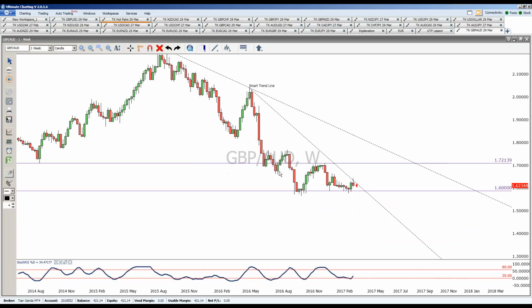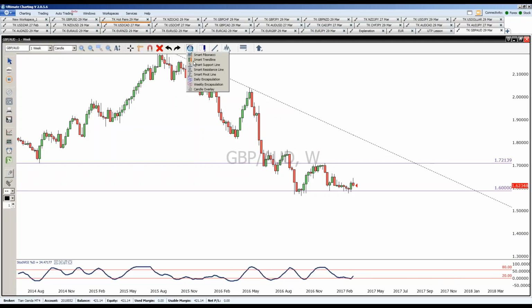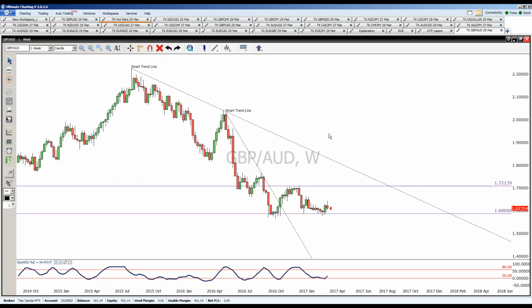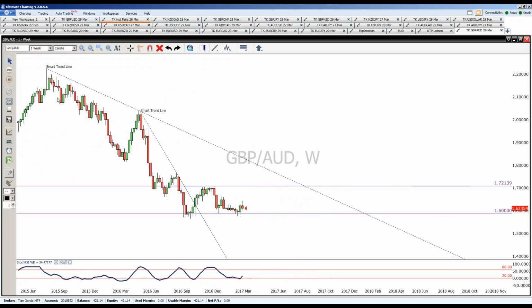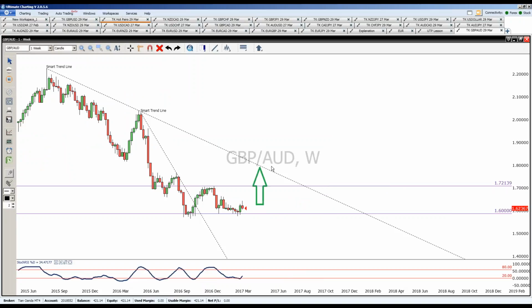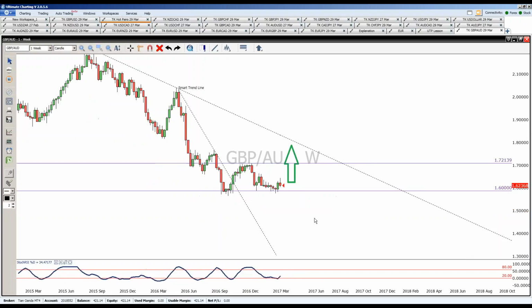So it's once again the weekly doing the same thing as the monthly. I'm just going to start that trend line over there. The market broke the inner trend line, and we're heading towards the outer trend line. We have confirmed that we have a retracement zone on the monthly chart. That means we are going up.